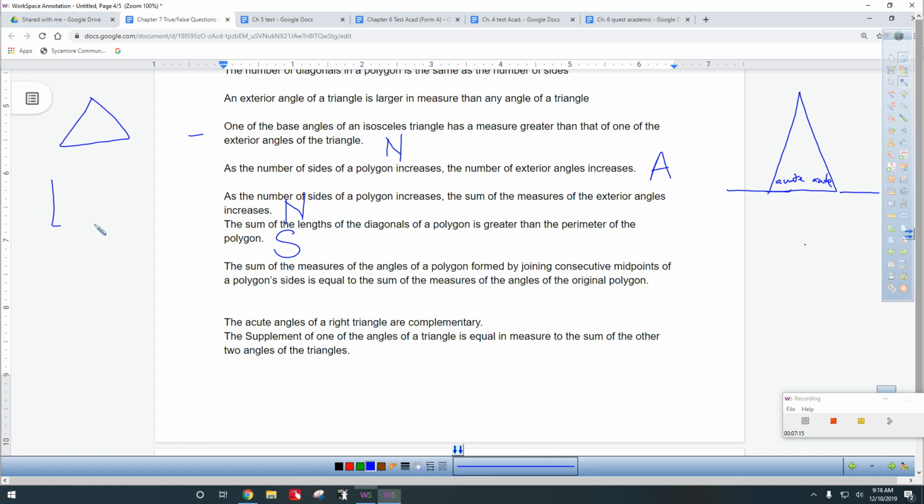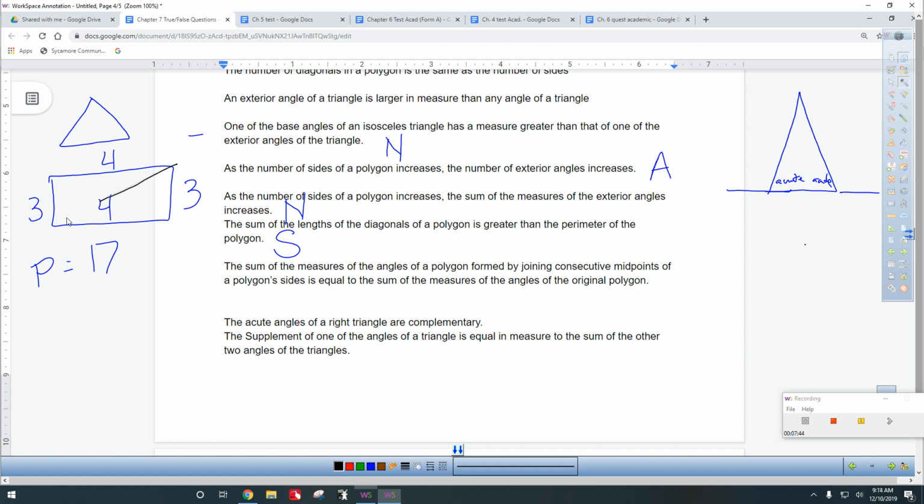Now let's look at this particular one. We're going to have to do a little Pythag. If this is 3 and this is 4, what's the perimeter of that thing? Not 15. No, 9 plus 8. So the perimeter of that thing is 17.